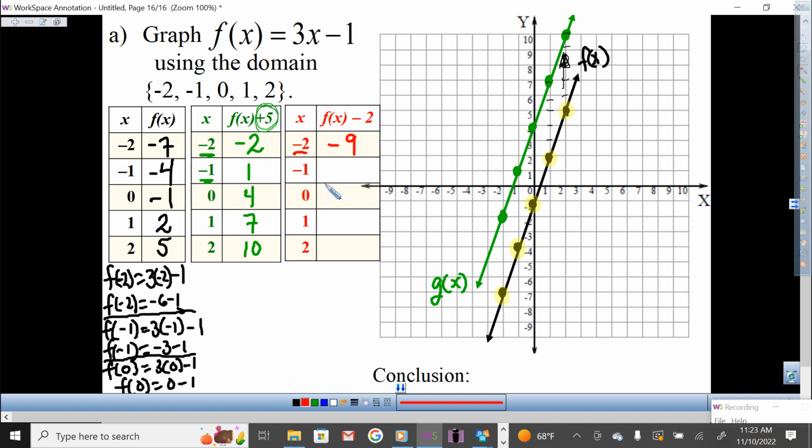The next one, at x of -1, the original f of x was -4 minus 2, that is -6. All right, write the last 3 values. Tell your neighbor the last 3 values, please. They should be just about done.